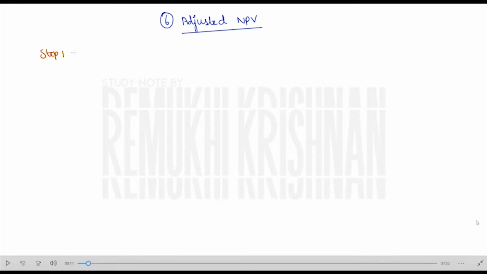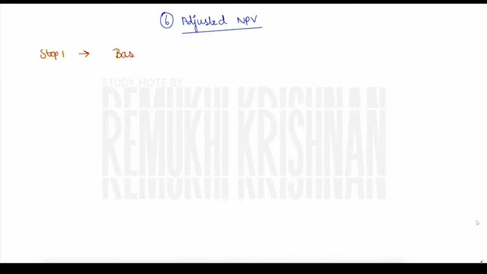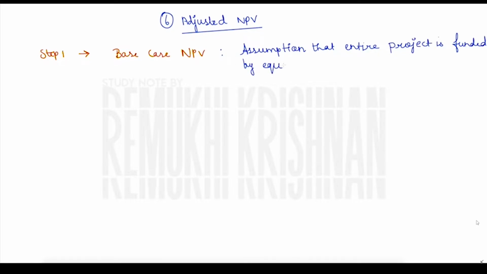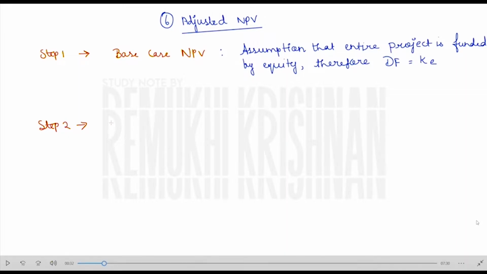The first part is the base case net present value, where the assumption is that the entire project is financed by equity alone. Therefore we will be using the discount factor as KE, only considering your equity.